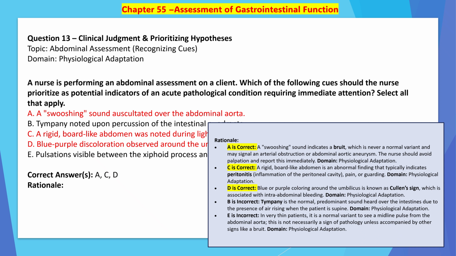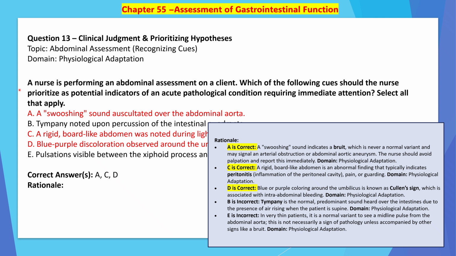A swishing sound indicates a bruit, which is never a normal variant and may signal an arterial obstruction or abdominal aortic aneurysm. The nurse should avoid palpation and report this immediately.